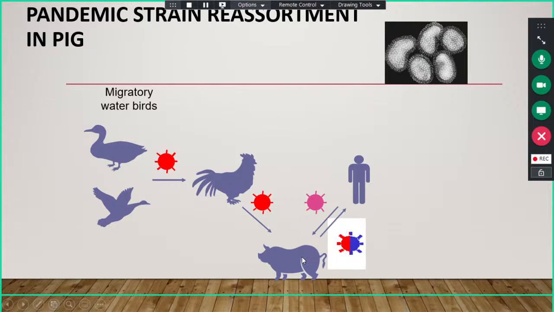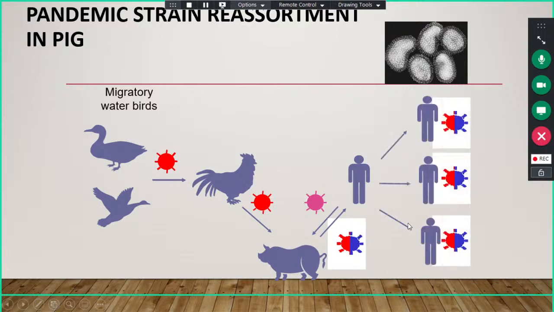So this pig may serve as a reassortment vessel, and there is a reassortment of the genetic material of these two viruses, and when it goes back into the human being, it may have a quality to transmit from human to human, and this will make an outbreak of a viral infection.